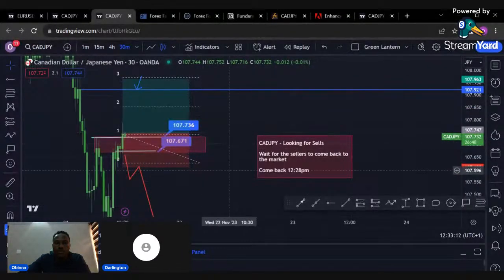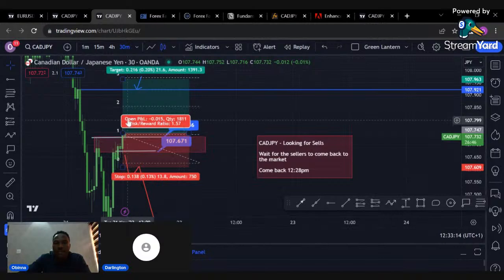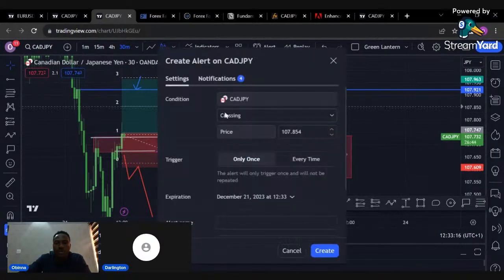I'm going to put an alert so that if price comes to this place, it will trigger the alert.